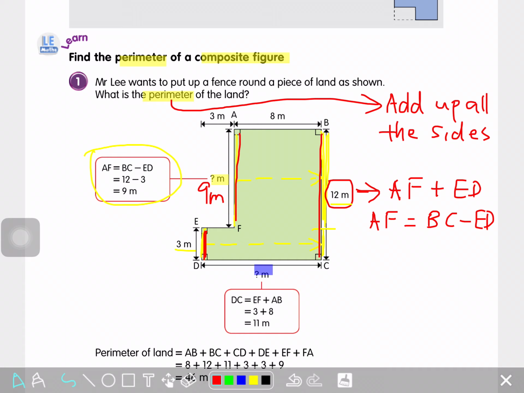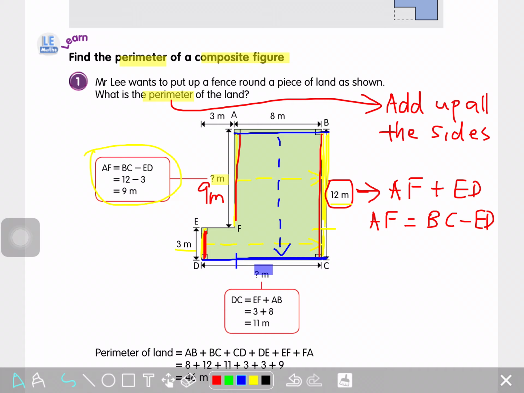Now the other part that is unknown is DC, this one here. How do we find DC? We can actually break DC up into two parts. If I look up, I can see that AB can be brought down to DC over here, and it will be cut off at this point.